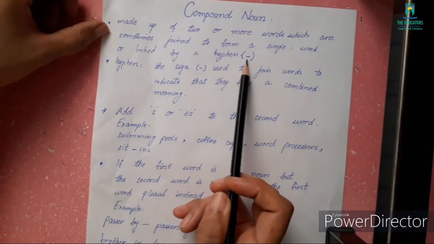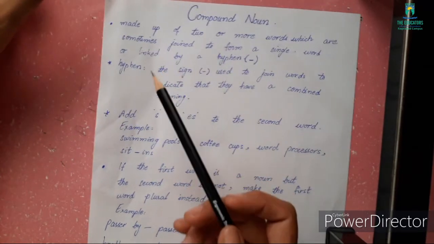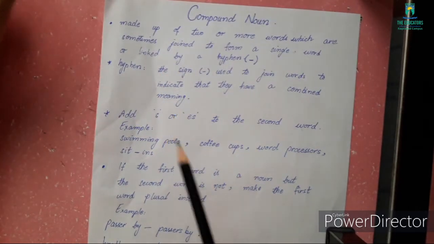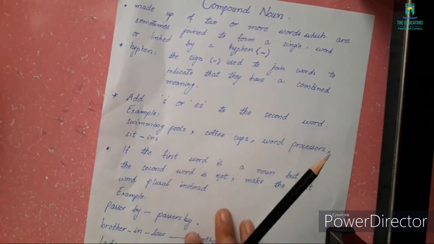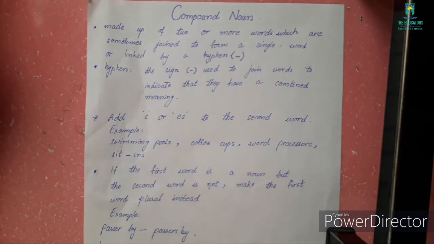This is the sign of a hyphen. Sometimes they link two words with the help of a hyphen and that makes a compound noun, or sometimes they simply join two words and make a compound noun.